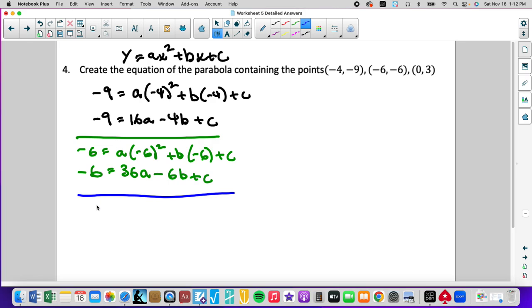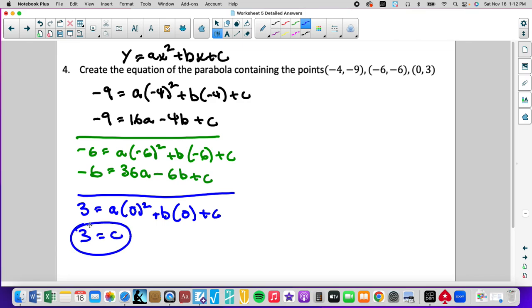Let's do the third formula, which is 3 equals a times 0 squared plus b times 0 plus c. Okay, that's nice. So that simplifies to 3 equals c. All right, so we know that c equals 3.